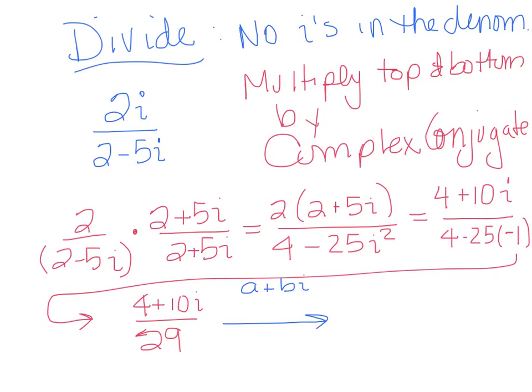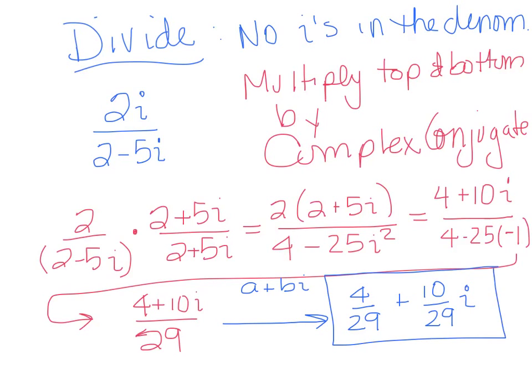You have to change this to 4 over 29 plus 10 over 29 times i. And that is your answer for dividing this. So here's your trick, multiplying top and bottom by the complex conjugate. Alright, so I think you have some problems in the book to do for the check your understanding. If you have any questions, you can email me or please bring them up in class.